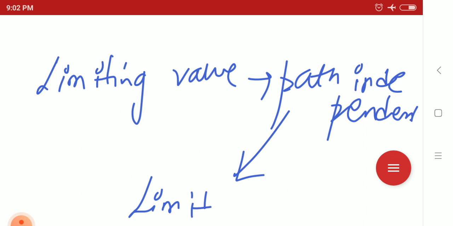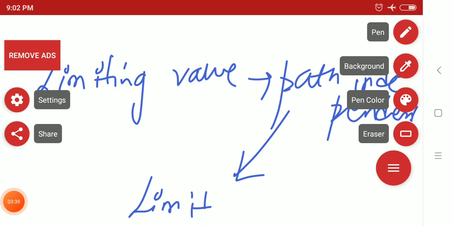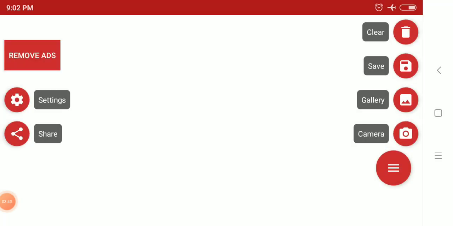So this is actually the limit of a real function. But today's discussion is about limits of a complex function, so let's discuss that.